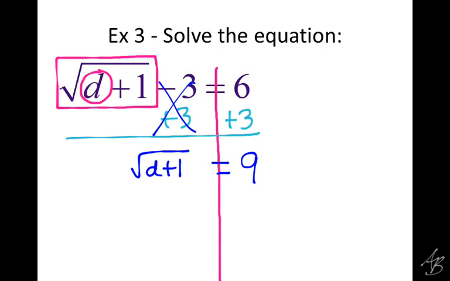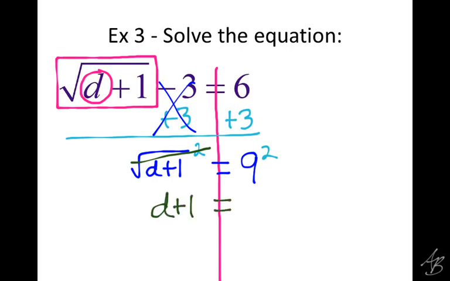Okay, now the square root's by itself. So what do I do next? Now I can get rid of the square root by squaring it. So once I get the square root by itself, then I can square it to get rid of it. So I square the left side, square the right side. On the left side, the square and the square root cancel, which leaves what? D plus 1.